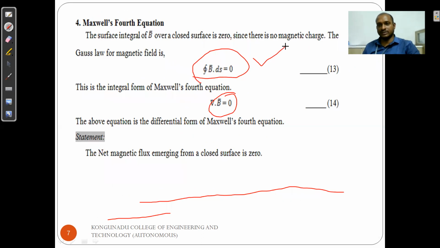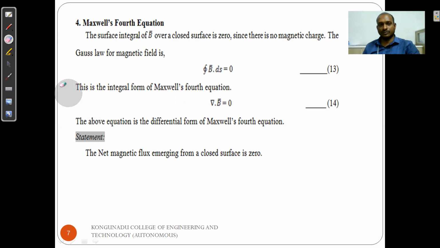After applying the divergence theorem, del dot B is equal to 0. The statement is: the net magnetic flux emerging from a closed surface is equal to 0. So the 4 Maxwell equations are derived from 4 fundamental laws.